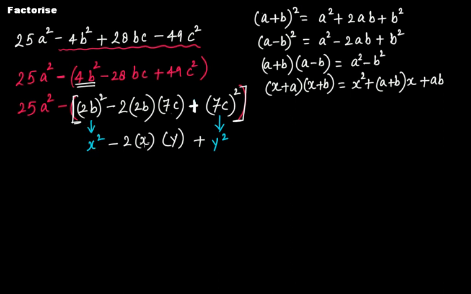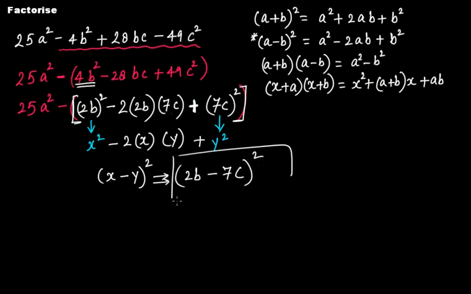So x squared minus 2xy plus y squared should remind you of this algebraic expression. So this is what? (x minus y) whole squared. What's x in this case? We have taken it as 2b. And what's y? Y we have taken as 7c. So this is (2b minus 7c) whole squared.